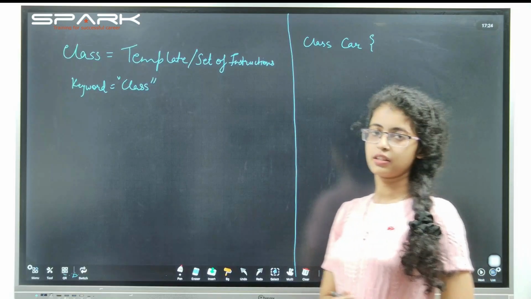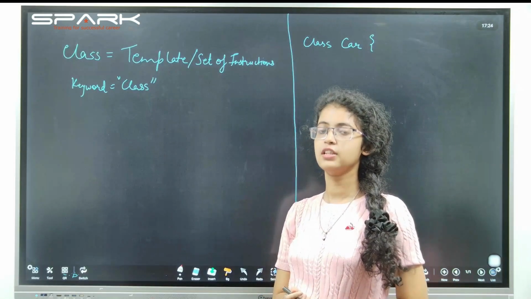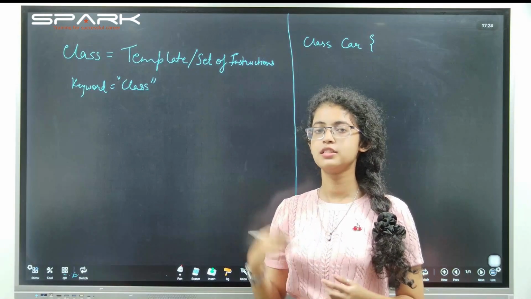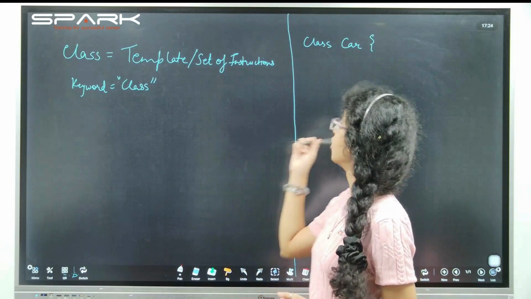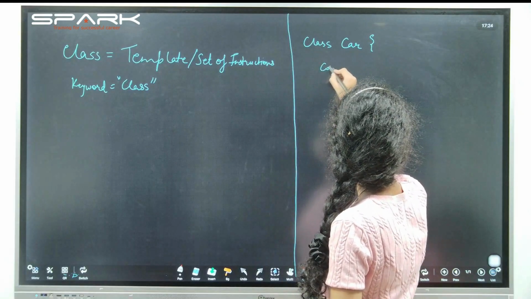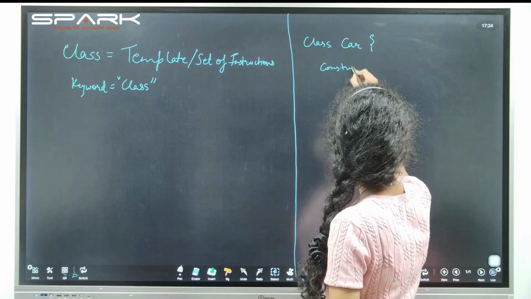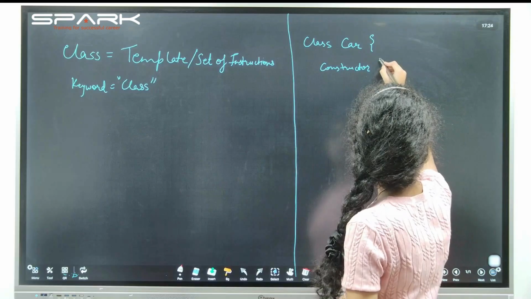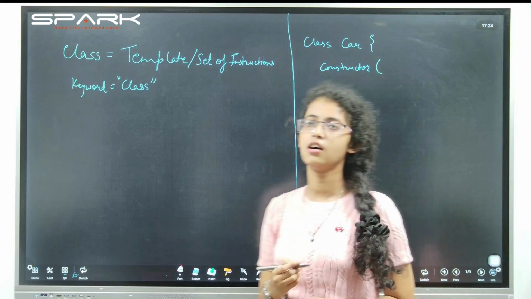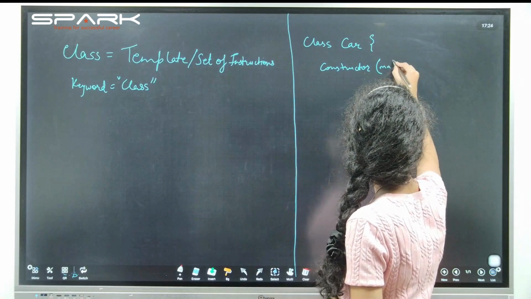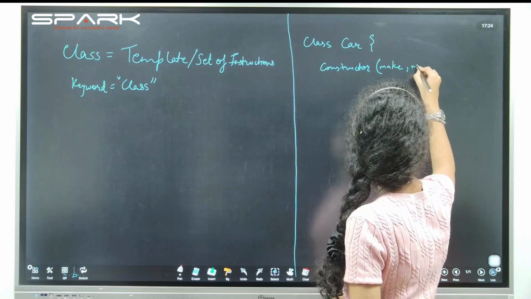Now what is a constructor? Whenever we create any new object, it calls the constructor, and the constructor is always defined in the class. So this is the constructor, and in the brackets I'm going to write the input parameters, which are make and model.